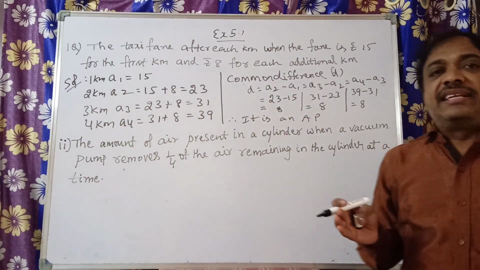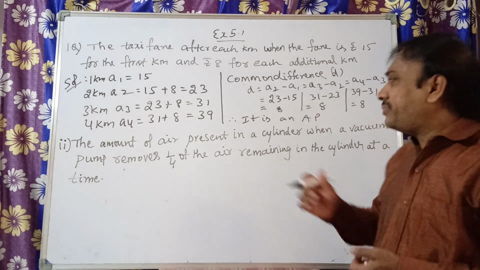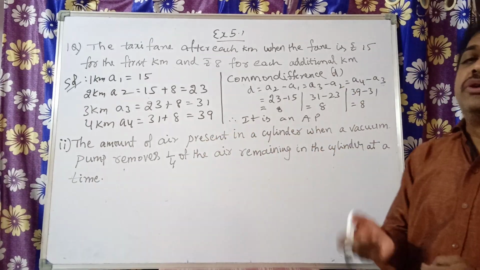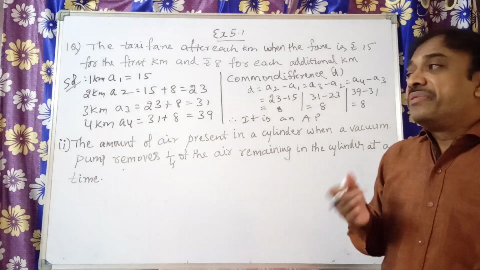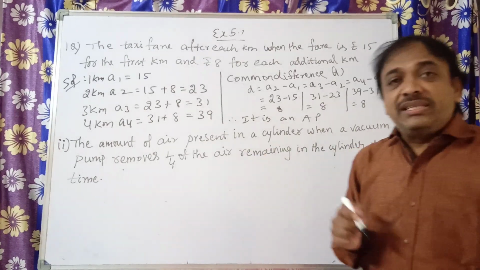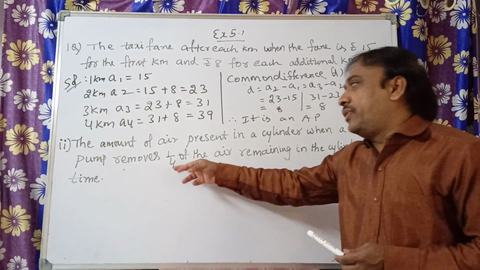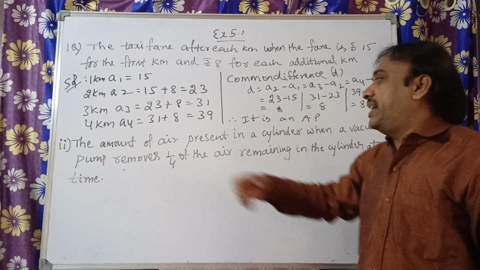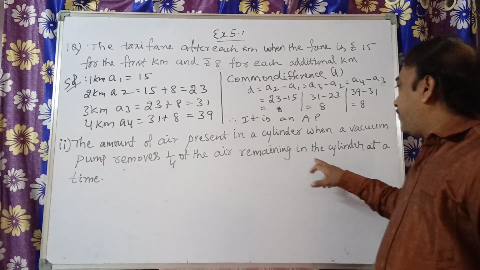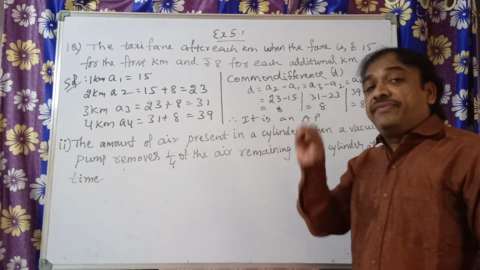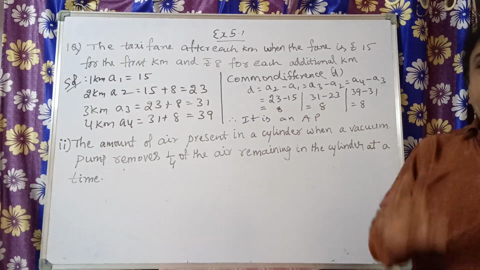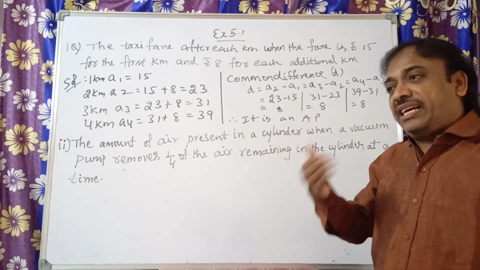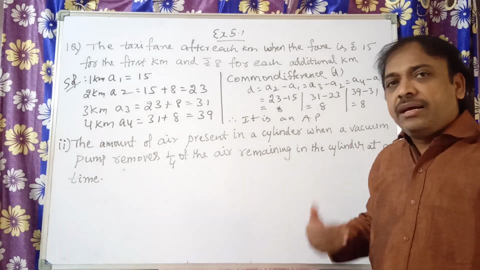The vacuum pump is making the cylinder empty, so how much is it removing every time? 1/4 of the air which is present in the cylinder. Every time it is removing 1/4.